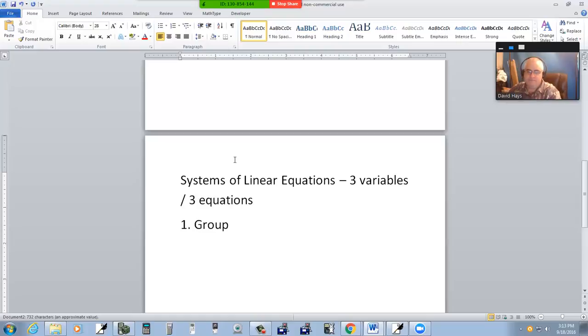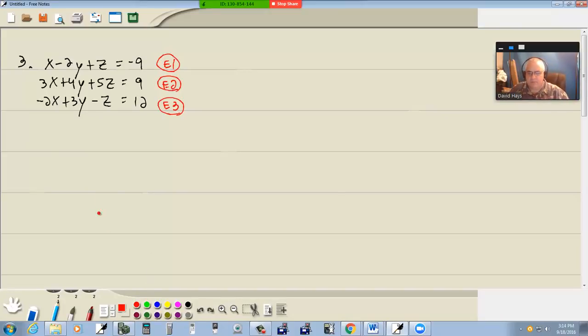Step 1. Group E1 and E2 together, group E2 and E3 together. When I say group them together, we're going to have x minus 2y plus z is equal to -9, and we'll have 3x plus 4y plus 5z is equal to 9.